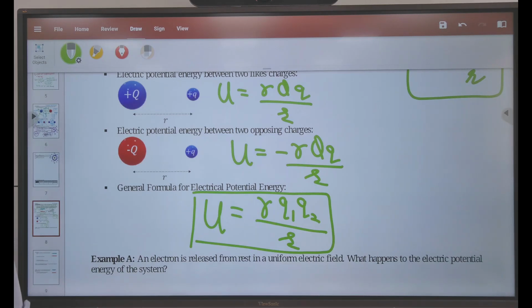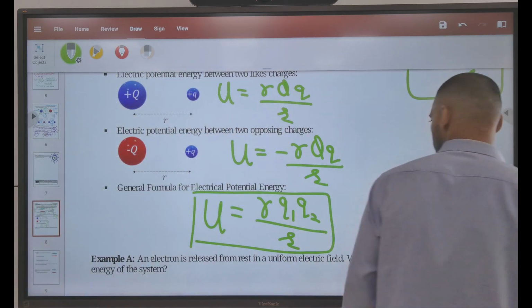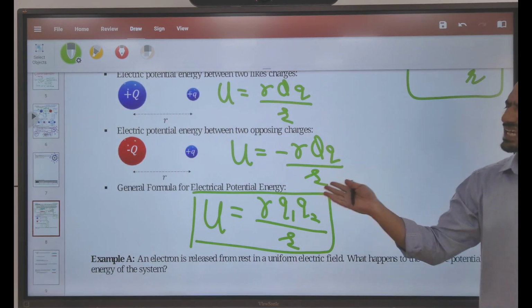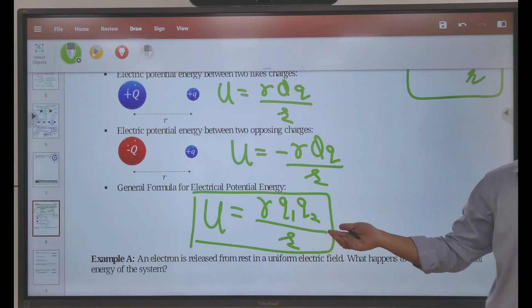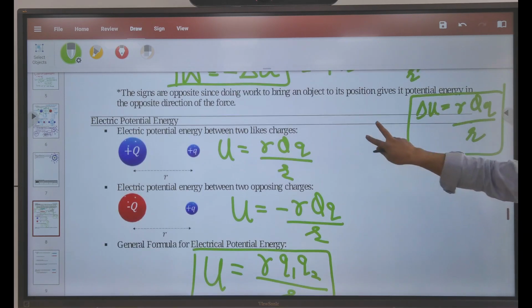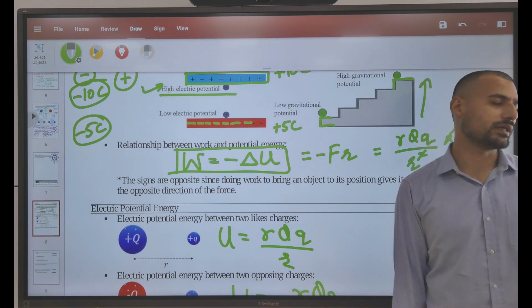For two charges Q1, Q2, you can always use this expression. All three are the same. And the work and potential energy are the negative of each other but equal in magnitude.